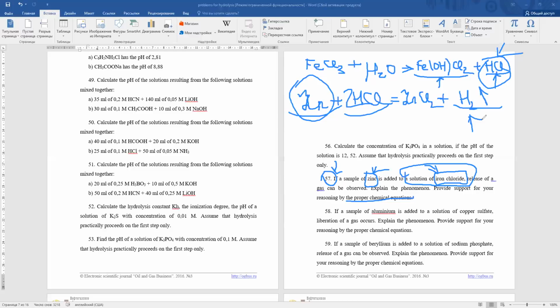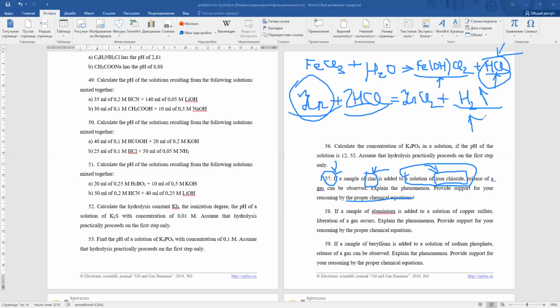This will take place because it will have two reactions. So you have to explain what kind of gas is liberating and why. No, I'm talking about 57.